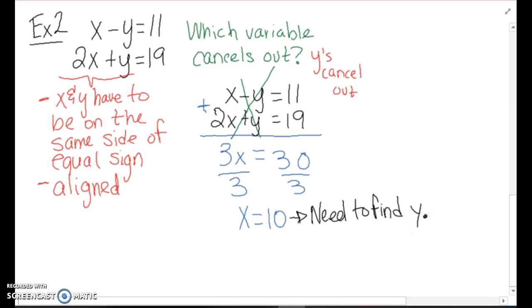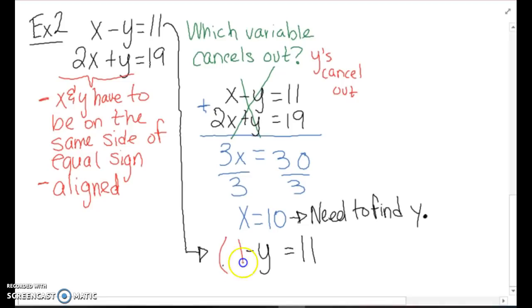So I'm going to bring down my equation. I'm going to bring down the top one because it is easiest to work with because it has less numbers. So I'm going to have 2x minus y equals 11. And now I know that x is 10, so let me get rid of x and write 10. So we got 10 minus y equals 11. I'm trying to get the y by itself, so I'm going to subtract 10, subtract 10.